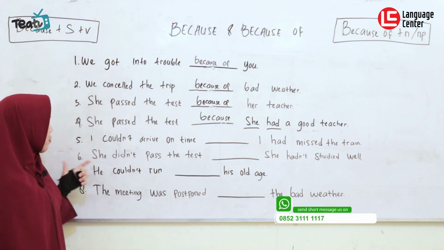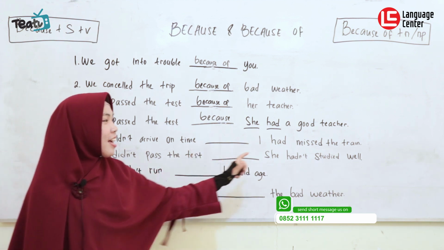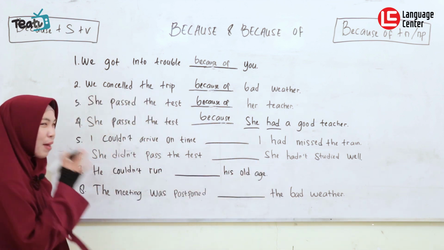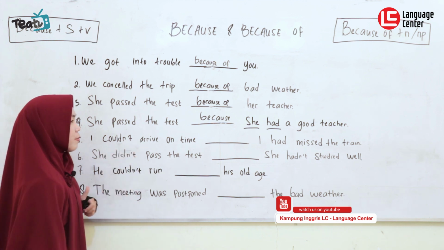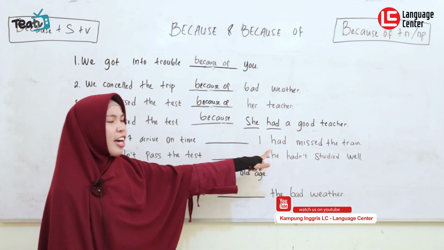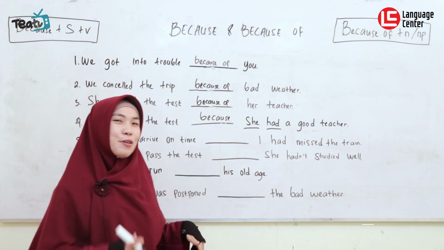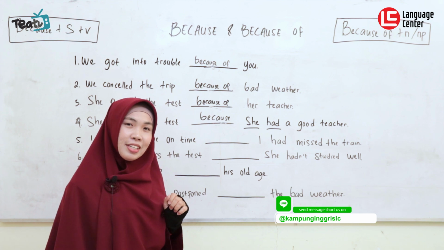And then number 5. I couldn't arrive on time, blank. I had missed the train. Okay, back again. Which one is the best answer? Should we put I couldn't arrive on time because I had missed the train, or I couldn't arrive on time because of I had missed the train? What do you think about this?